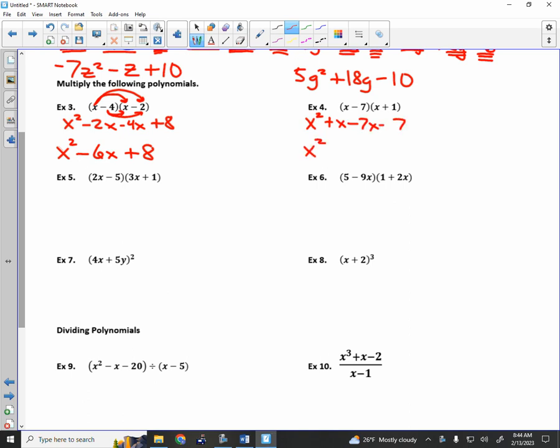And when you combine like terms, x squared minus 6x minus 7. Any questions on that one?